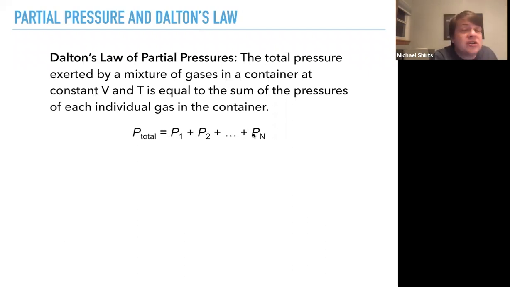So essentially the ideal gas molecules don't notice each other, and that is why the total pressure is just the sum of the individual partial pressures, the pressure due to just one of those components.